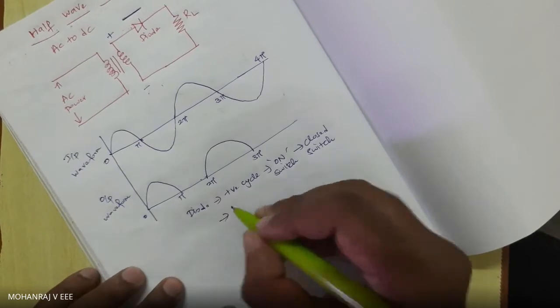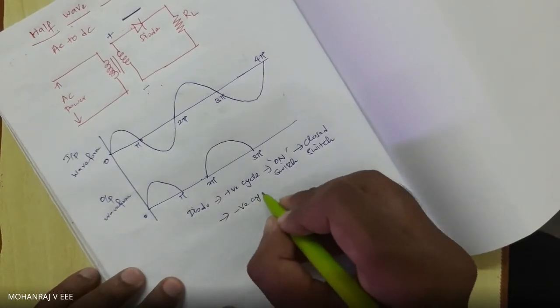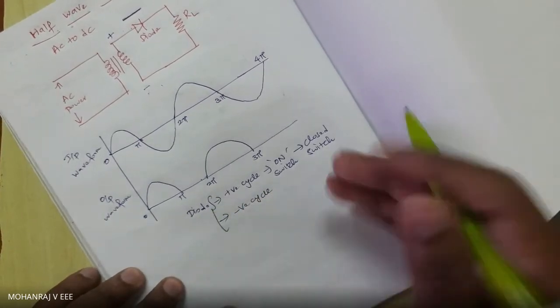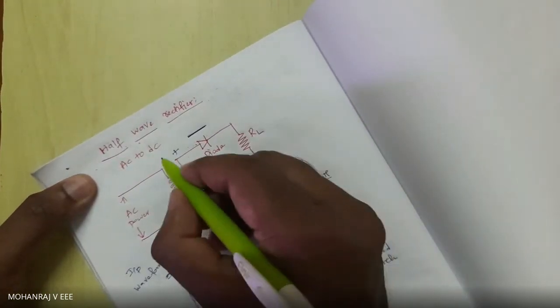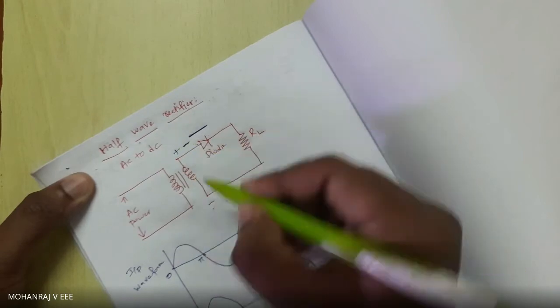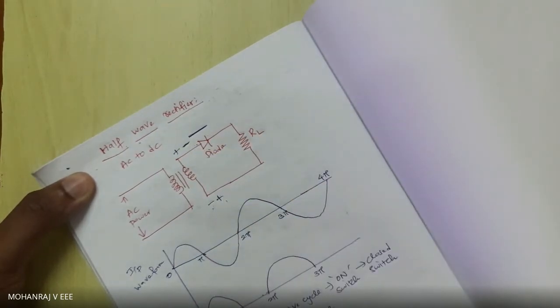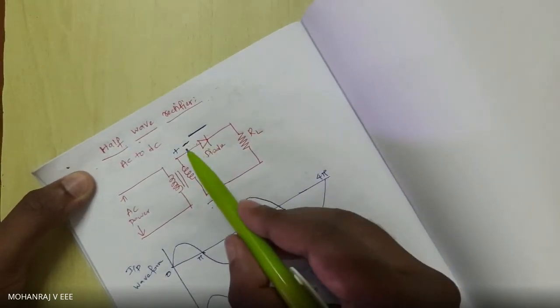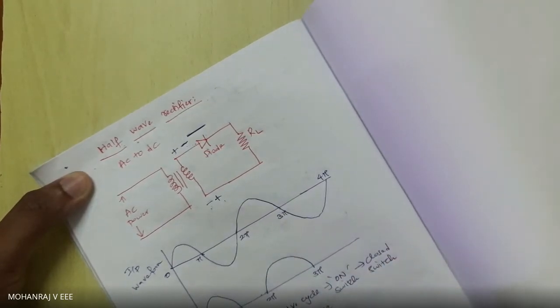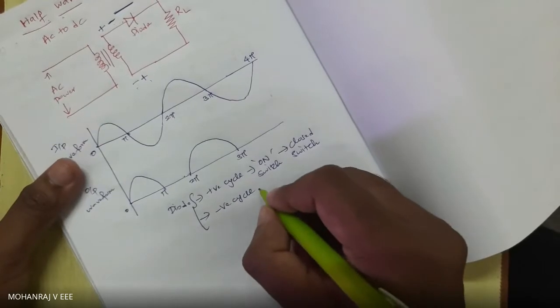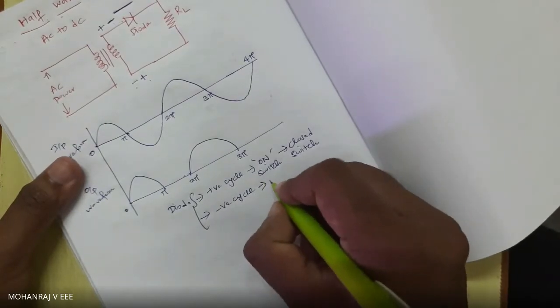So what will happen during the negative cycle for the diode? During the negative cycle, this will become negative and this will become positive, right? So my diode will get reverse biased. As it is reverse biased, it becomes off.